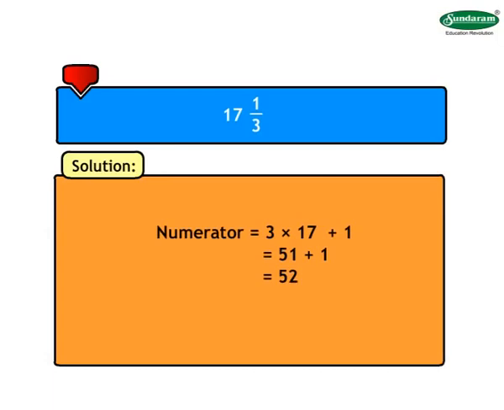Now, 52 is the numerator of the required improper fraction. The denominator 3 is the denominator of the required improper fraction. Hence, answer is 17 and 1 upon 3 can be written as 52 upon 3.